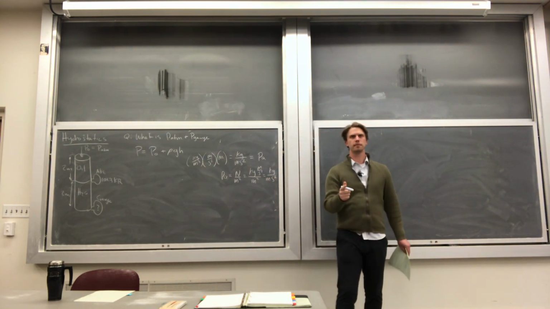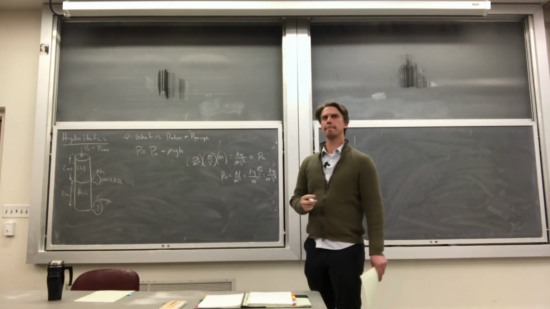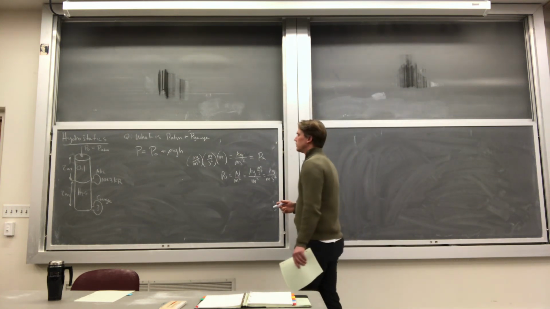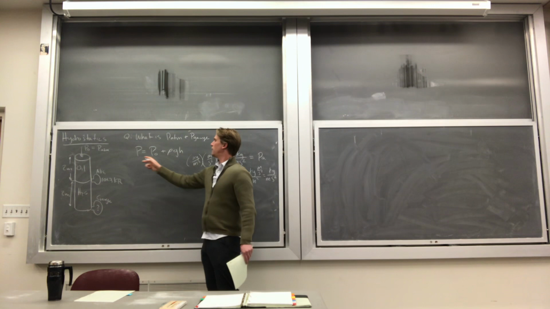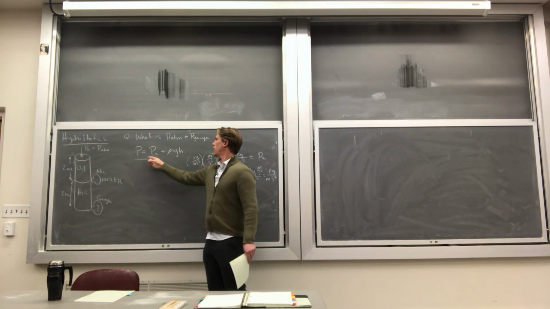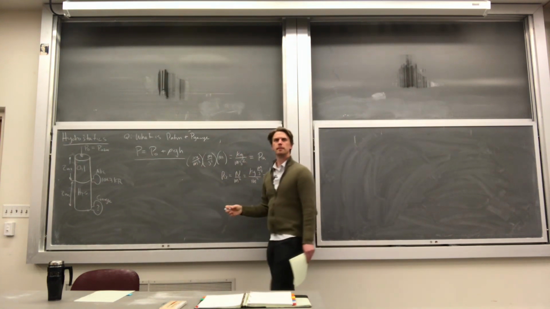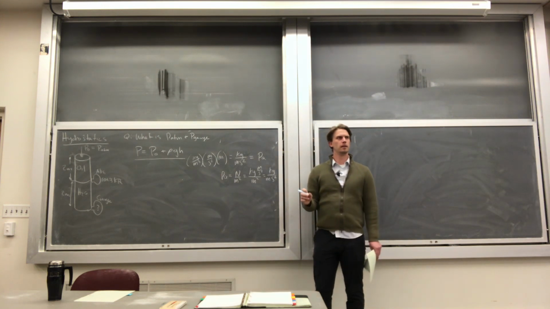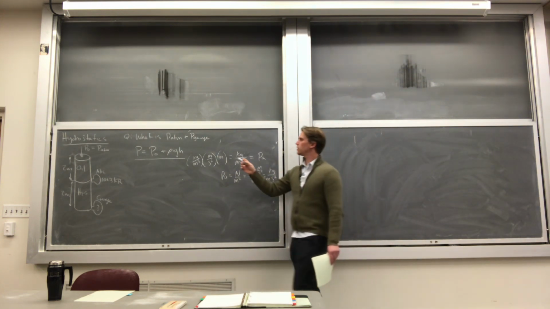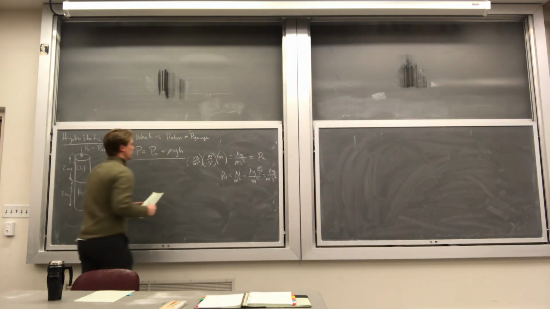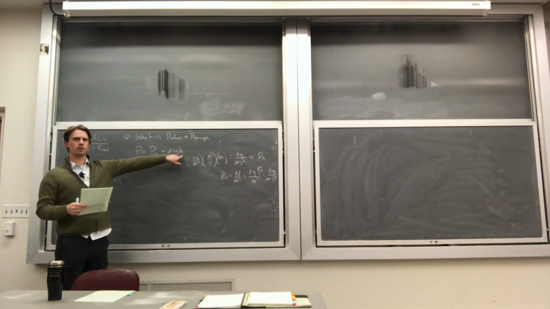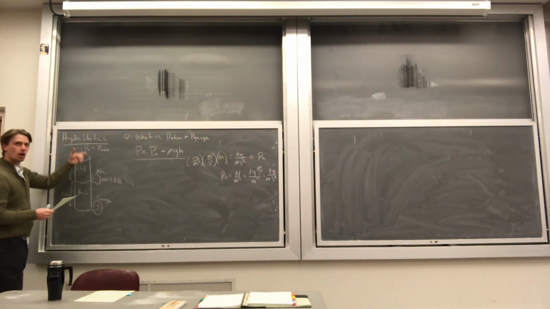Yes? Sorry, you might have said this and I just missed it. Where did you get the P equals P naught plus density g h? This is the equation for hydrostatic pressure. So what this amounts to is this is the force acting on a column, right?